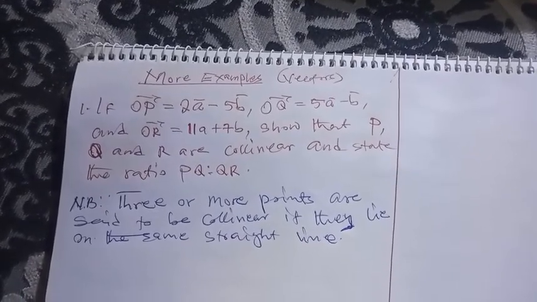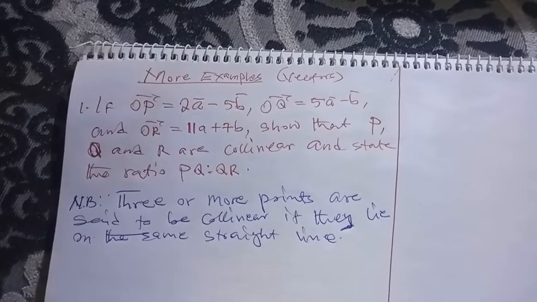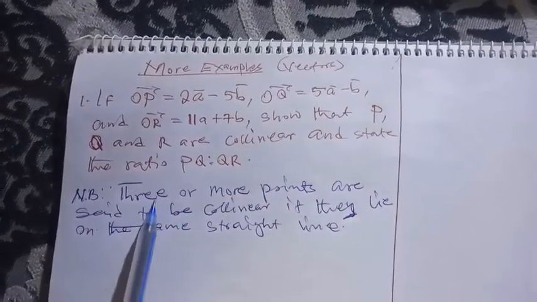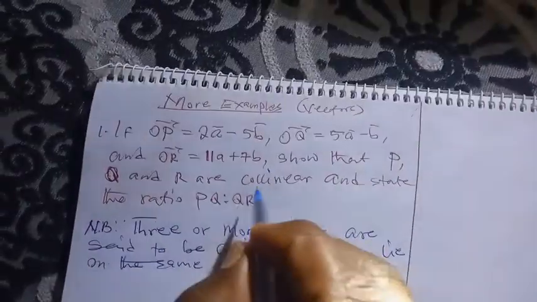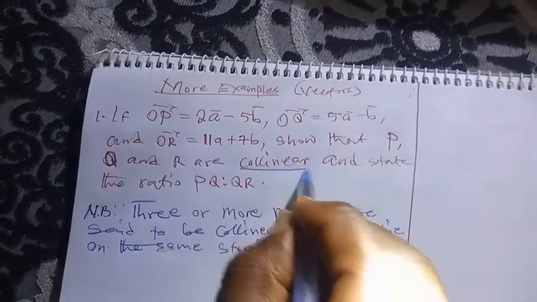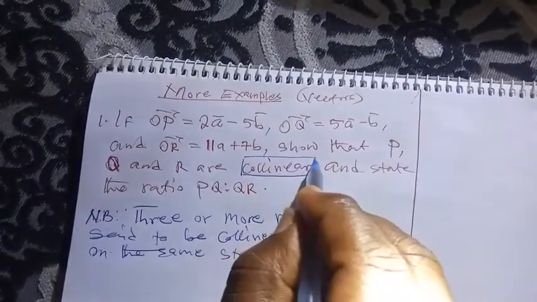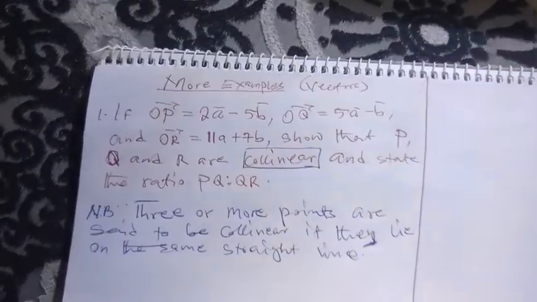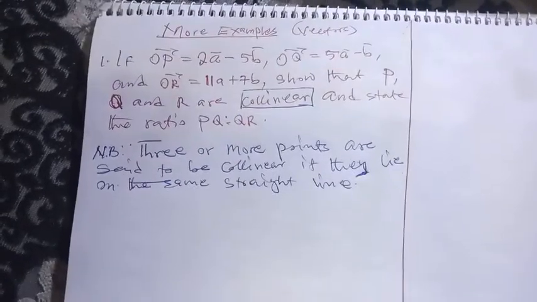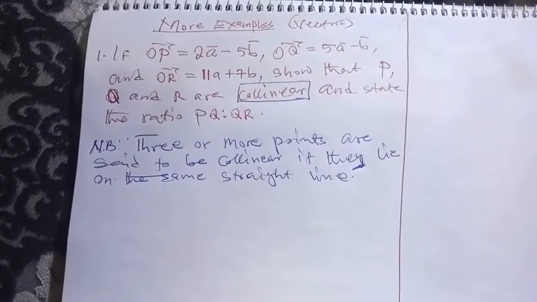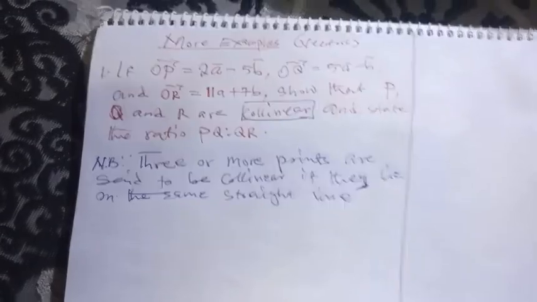Now, with this question, before I start, let me explain what collinear points are. When three or more points are on the same straight line, they are said to be collinear.